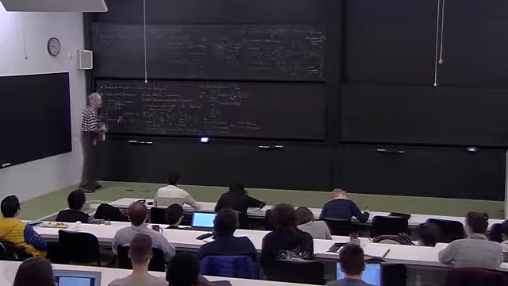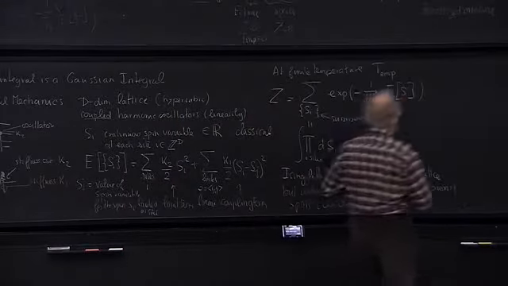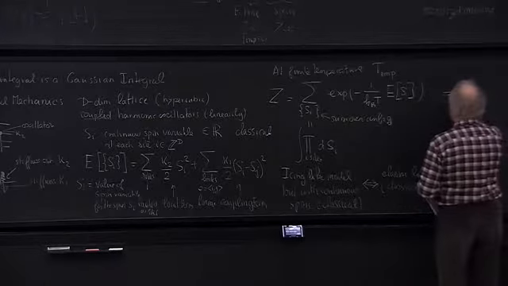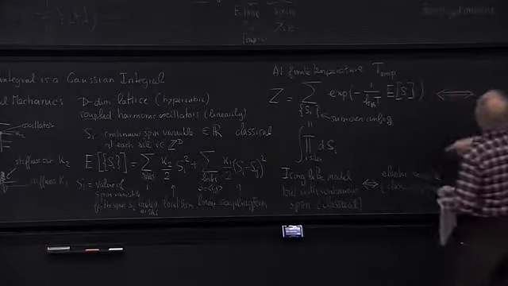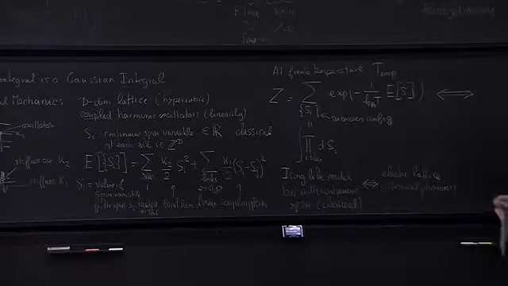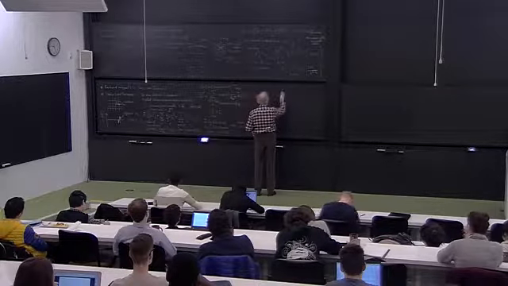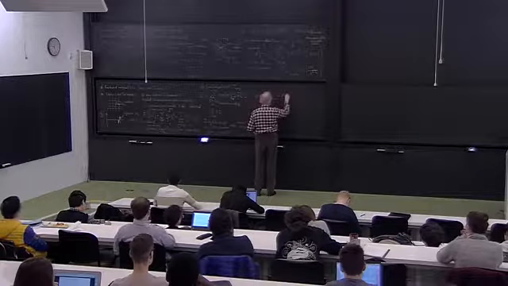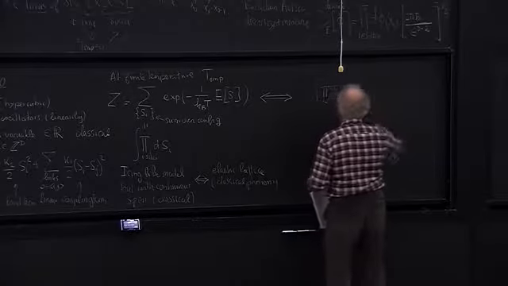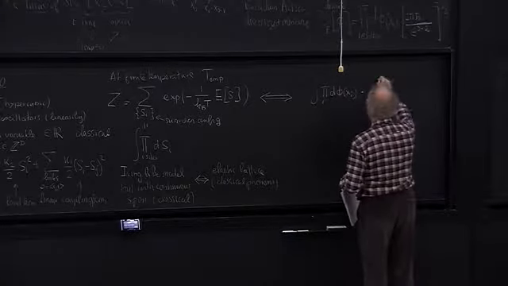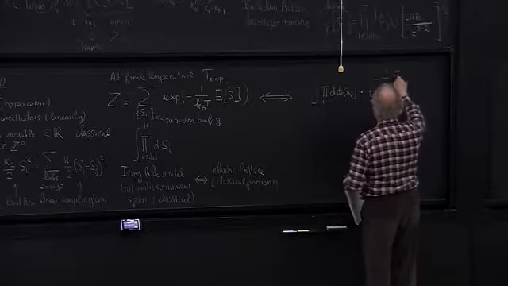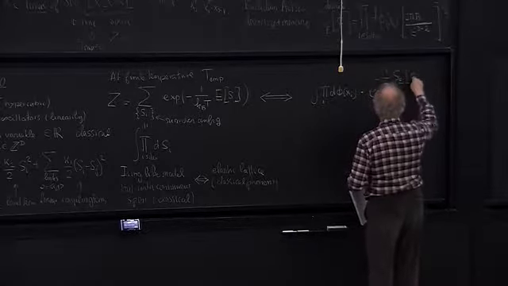Okay. So the point is that there is a dictionary. Mathematically, this partition function is the same thing as this functional integral, product over i of d phi_i, with some factor, times exponential of minus 1 over h bar times S_E of phi.